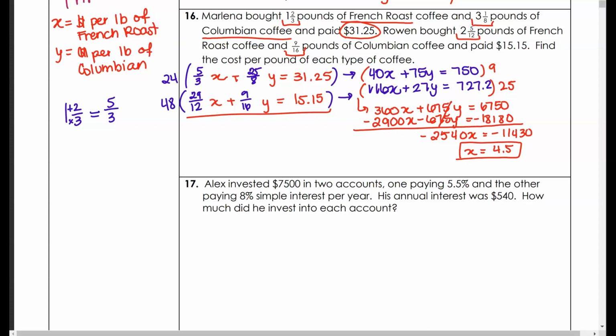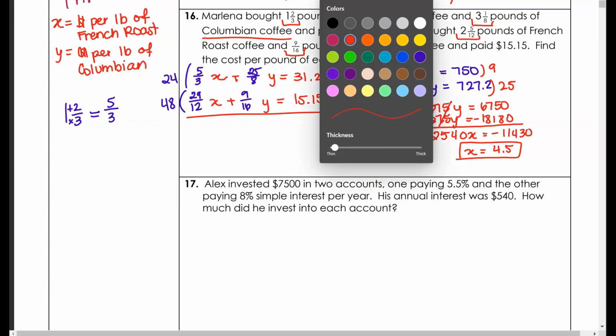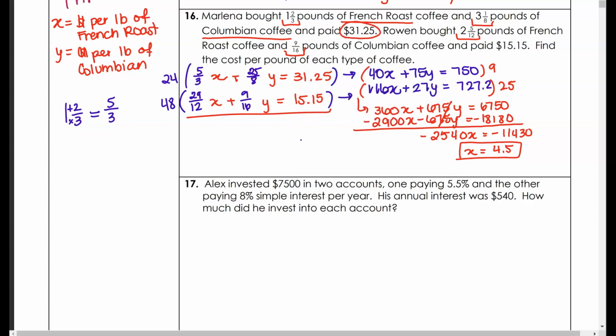So now we know what x equals. We're going to go ahead and plug that back into one of our equations. Let's go ahead and pick the first one. So we're going to get 5/3 times 4.5 plus 25 over 8 times y equals 31.25.